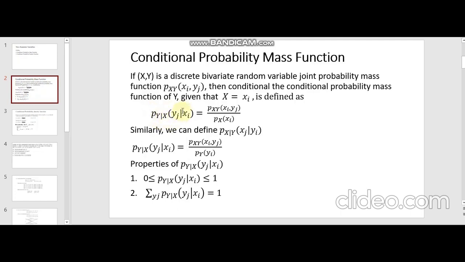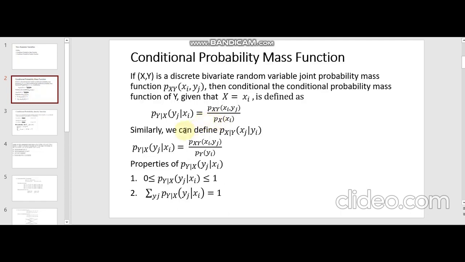This bar is used for saying "given". It is equal to the joint probability p sub xy divided by the probability of x, or the marginal probability of x.